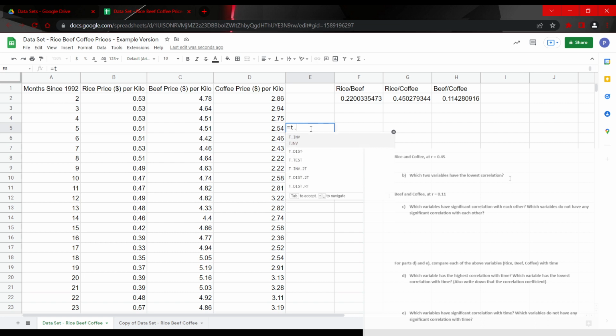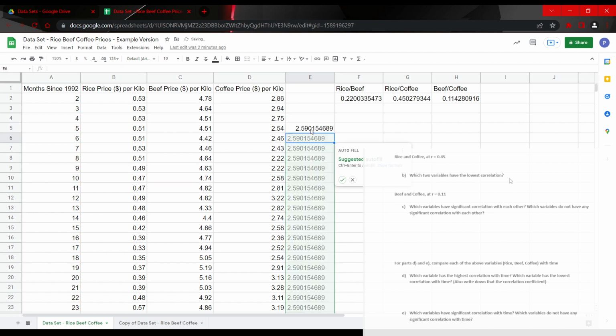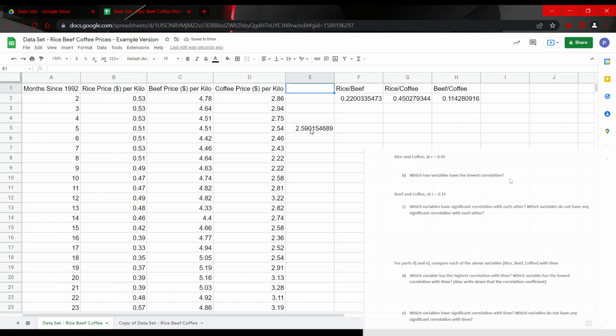If you do it through Google Sheets, since we're using two-tailed, 0.01 with degrees of freedom being the amount of data minus 2, you'll get 2.59. Really quickly up here, this is my amount of data. And so now we can use our formula, right?